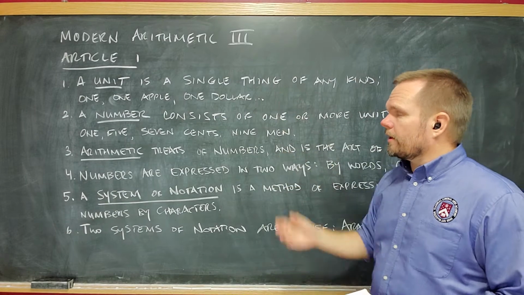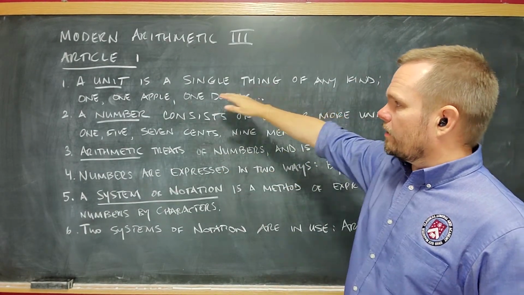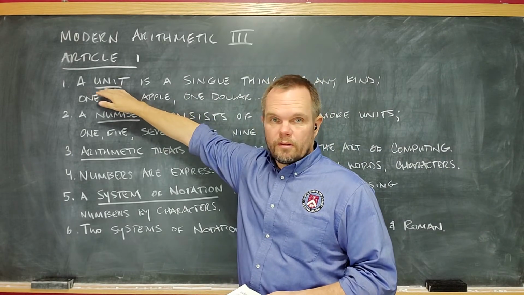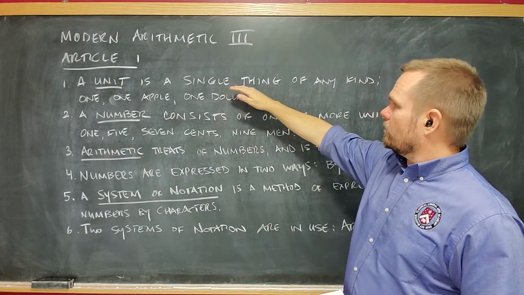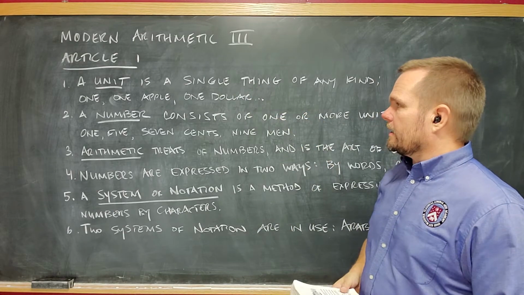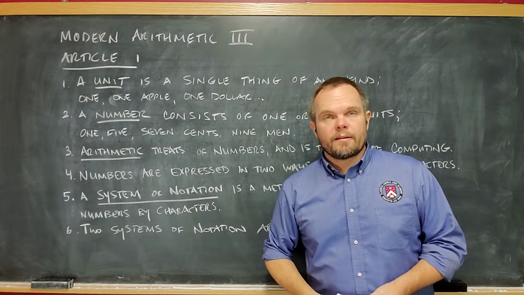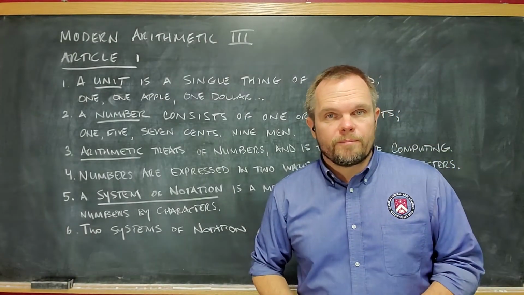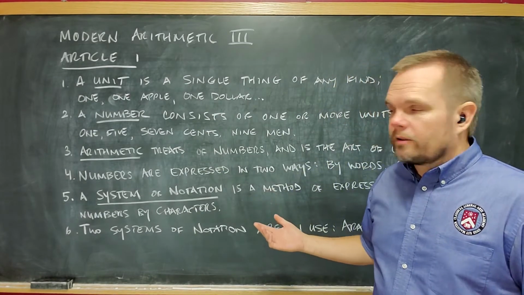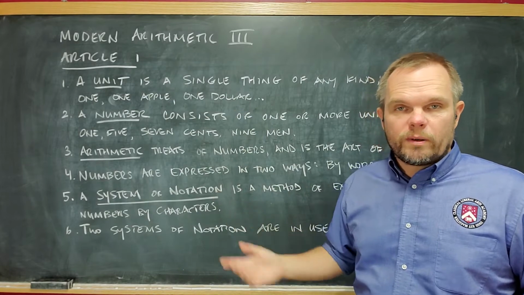The very first thing we learn in this course is the definition of a unit. We learn that a unit is a single thing of any kind, and you should memorize that definition. Some people don't like to memorize, but actually memorizing is the easiest way to learn.